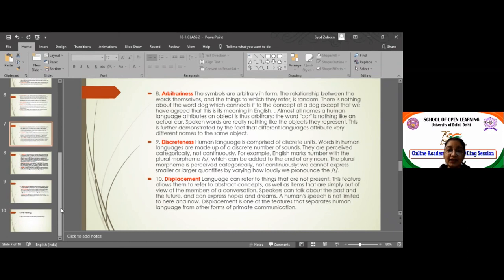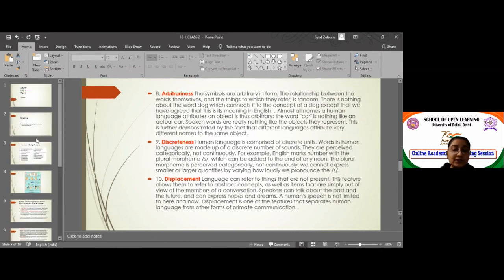You're just sad. So these morphemes added at the end of words do not change the meaning if you emphasize or underemphasize them. It just means the same thing. All right, then displacement. Let's have a look at the image first.